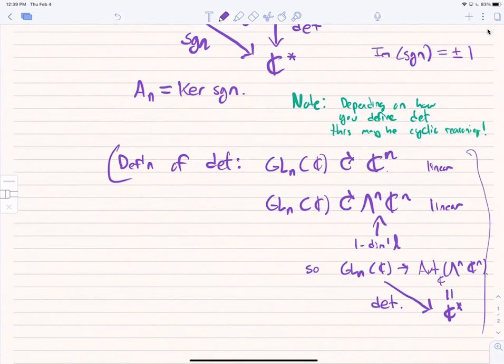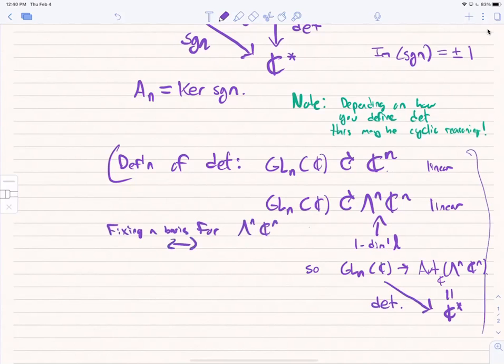So this probably doesn't look like what was in your linear algebra textbook, but if you think about it, all this is saying is, fixing a basis for the nth wedge power.